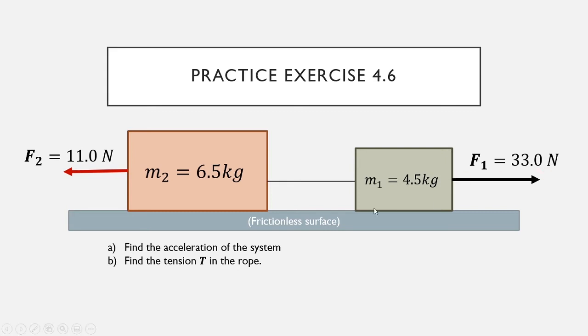Ang hinahanap natin dito is ano ang acceleration ng whole system, and then ano yung tension in this inextensible cord. Kumbaga, hindi siya gumagalaw. Imagine nyo, matigas talaga yan, bakal talaga yan. Hindi siya na-stretch or nako-compress. Inextensible siya.